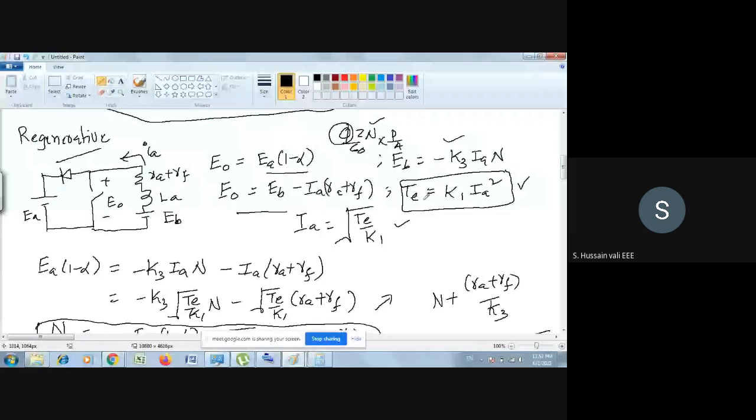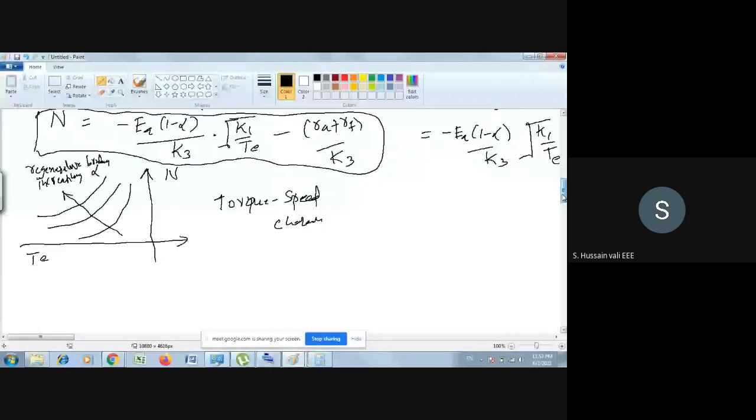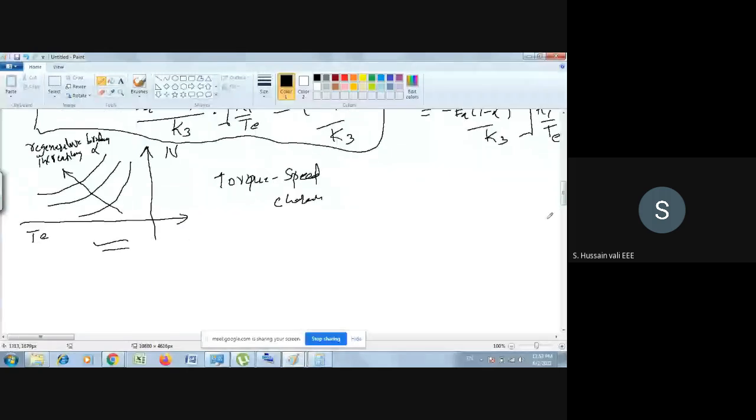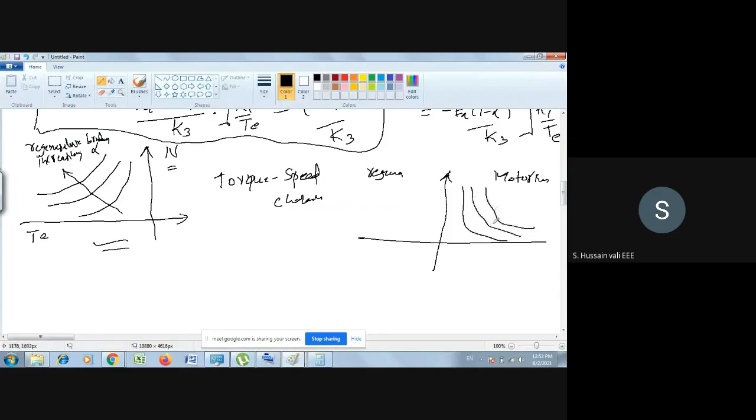So using these equations, please check yourself what the equations are. You will get this one because this is second quadrant, and this is how you get. Okay. So for different values of T, you find out different values of speed. So now combinedly, if we draw both motoring and regenerative braking, then you will find out the graphs. This is for motoring condition.